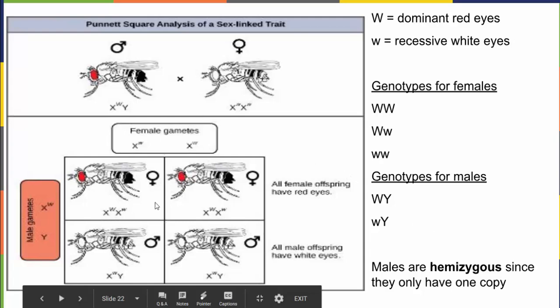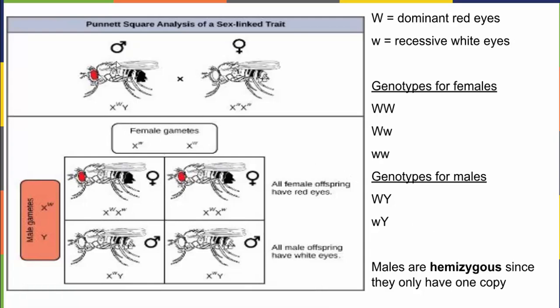Anyways, if we look at our chart here, the arrow pointing up and outward, that's the male symbol, and the hanging down cross, that's the female symbol. And so this male here, he has X and he has Y, and on his X he has big W, that's the allele he has.